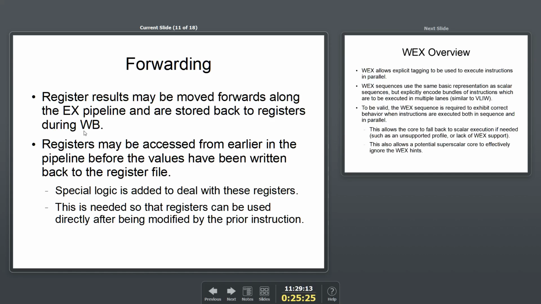So basically, when the EX1 stage does its thing, it results in effectively temporary values for the registers to be written that are just hanging out, that haven't been written back yet.